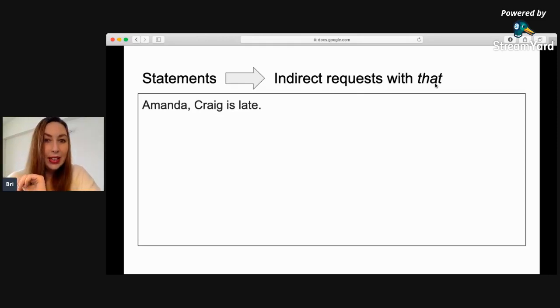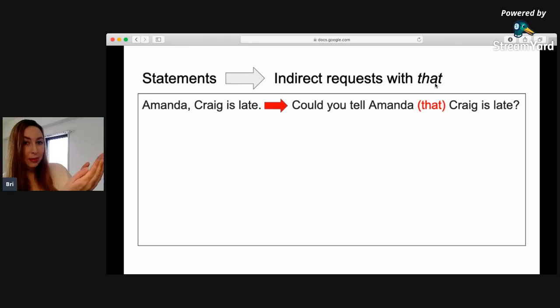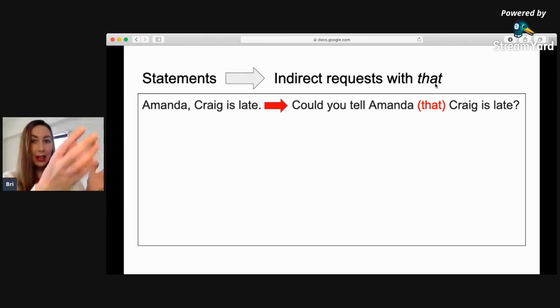So here is how we would change this sentence. We're going to change it to, could you tell Amanda that Craig is late? So could you, another friend, tell Amanda this information, that Craig is late?